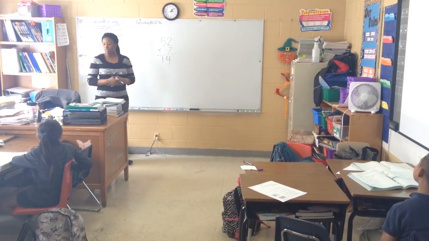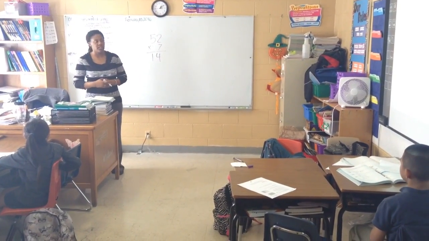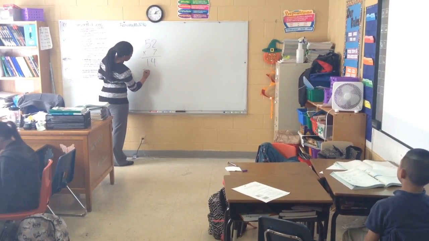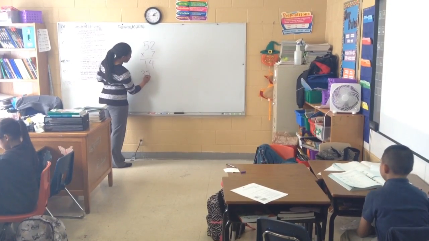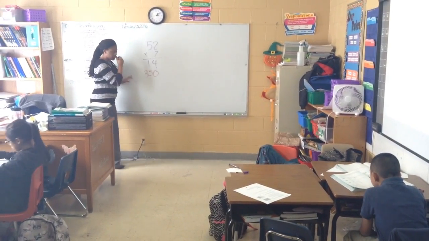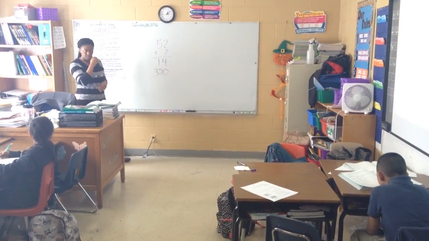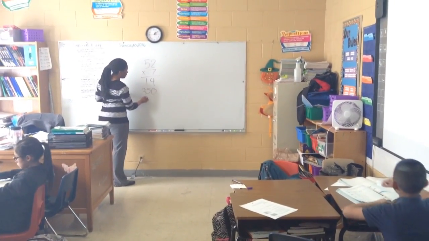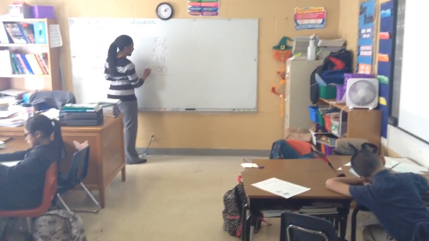As you see in your book, the next step is to write 35 as a 3, a 5, and then a 0. Now, what we're going to do next is add these 2 together.